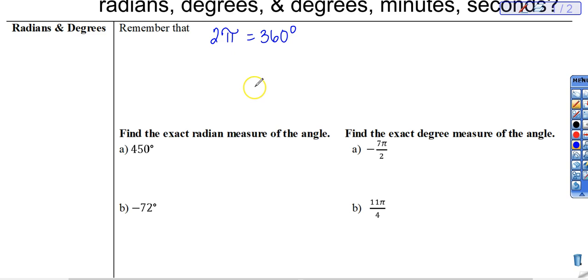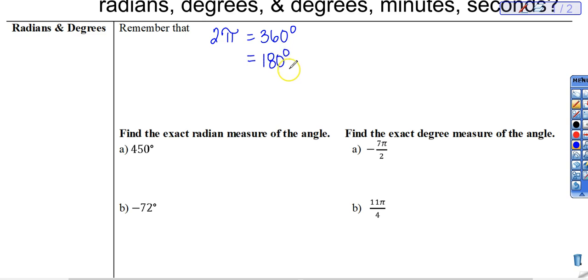So I can manipulate and write proportions or portions of this statement. This is a very powerful one. This is the most popular one. One revolution, one full rotation is 2 pi radians or 360 degrees. But the other one that's really important to remember is 180 degrees.